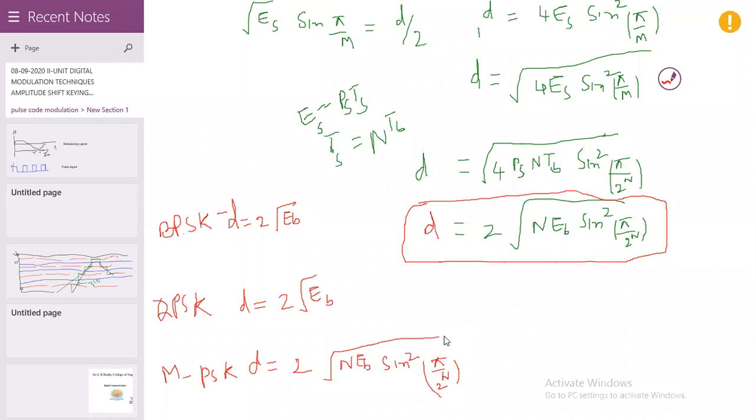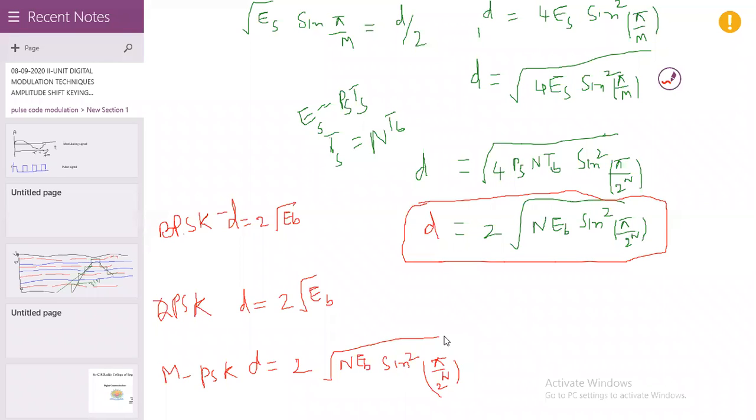So here we can find out which one is the best according to the distances. Hello, is my voice audible to you? Yes, ma'am. According to these distances, which one is the best one?